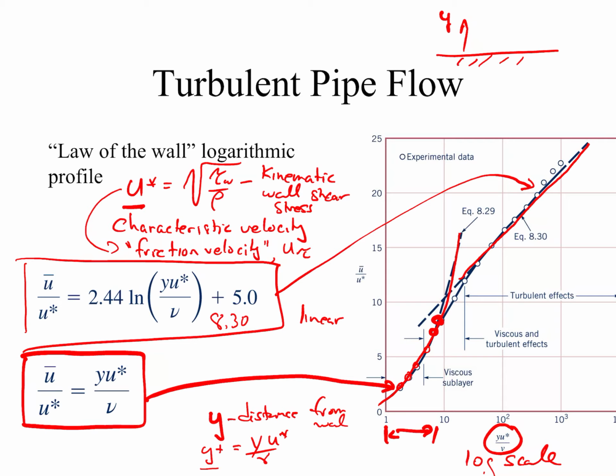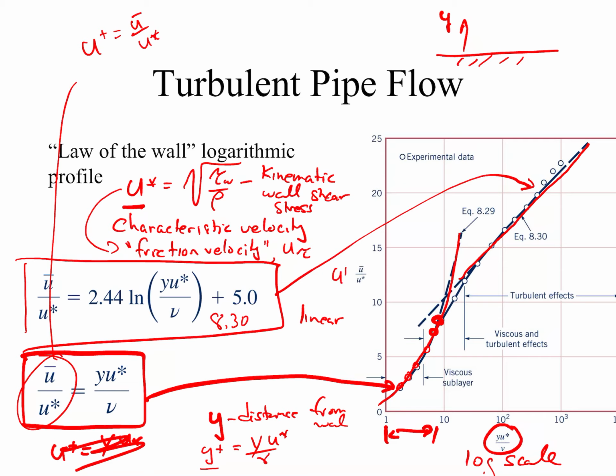Just like y plus is sometimes called y u star over nu, u plus is often defined as u bar, the mean velocity at some height y, divided by u star. So sometimes you'll see these curves written as u plus versus y plus. Okay, so that's a relatively complicated format for the near wall velocity profile in turbulent flows.